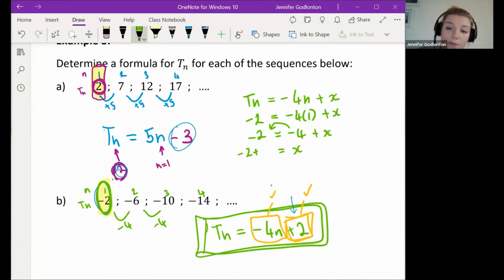It's going to be -4 plus -2 plus 4, which gives me my +2. So that's just a longer way of looking at how to get that number. If you're struggling to see it visually, you can always use that method to help you figure out how to get the number. I hope that helps a little bit.